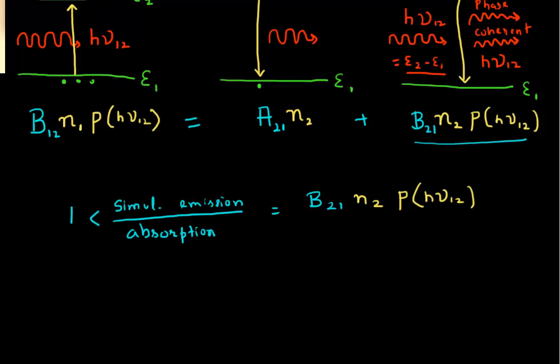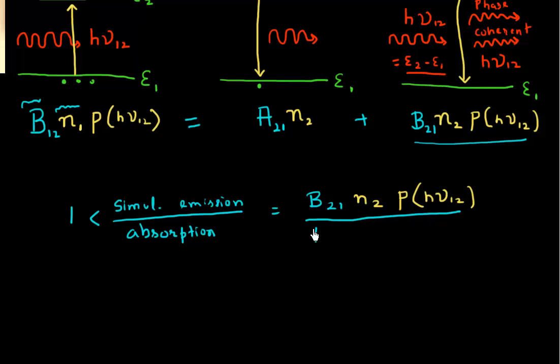The net rate of absorption looks similar, but instead of N2 it has the term N1, and the coefficient, instead of B21, is B12, because it involves a transition from a lower energy level to a higher energy level.